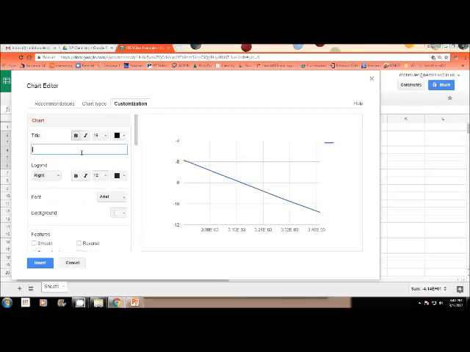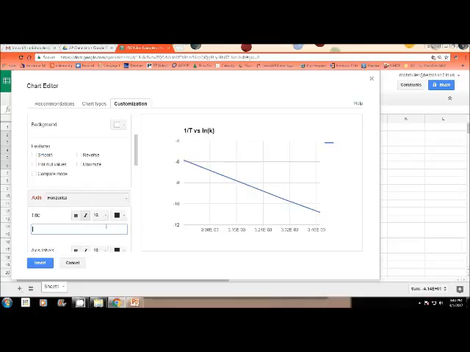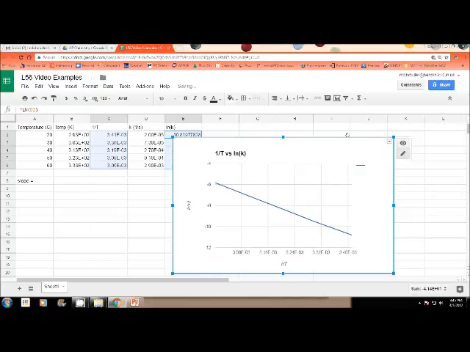The horizontal axis is our inverse of temperature, and the vertical axis is the natural log of k, just so it looks nice and pretty when we insert that graph.